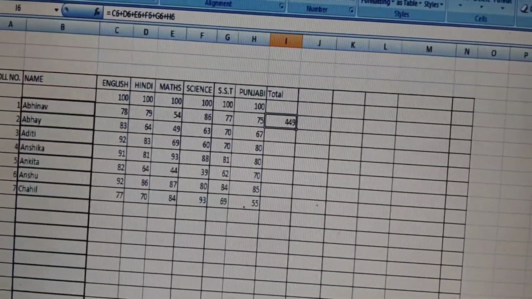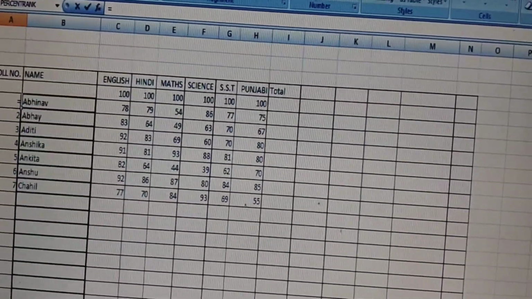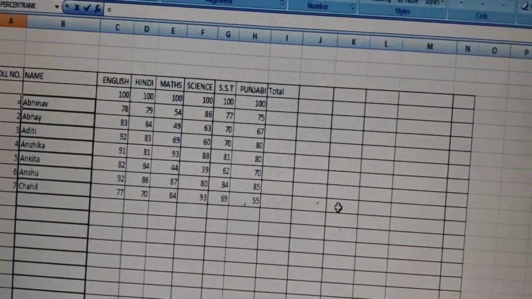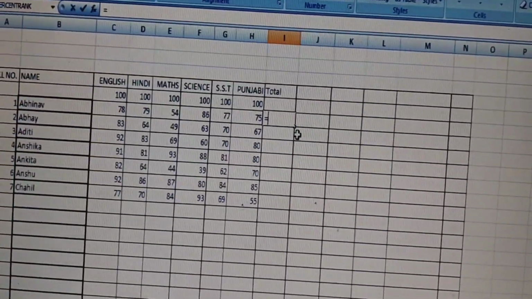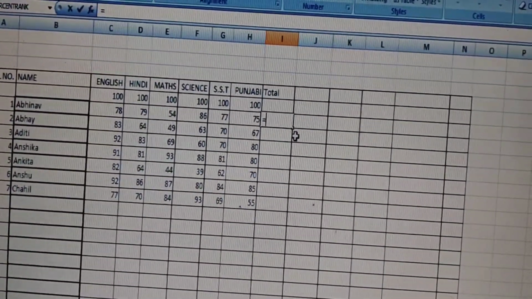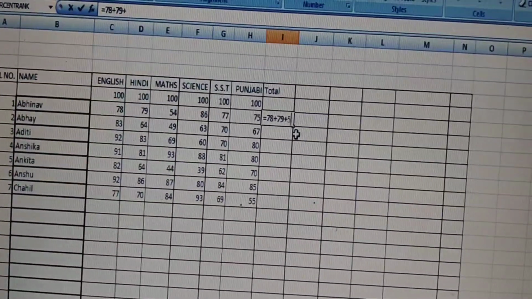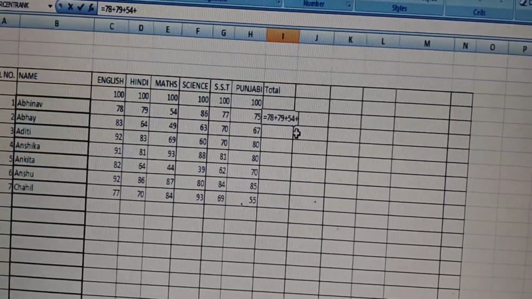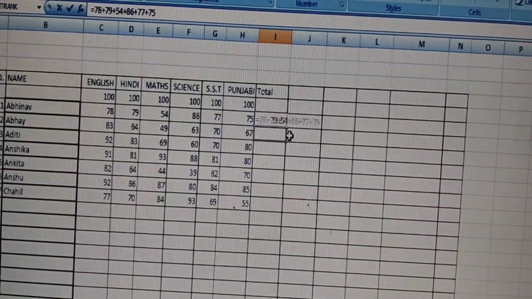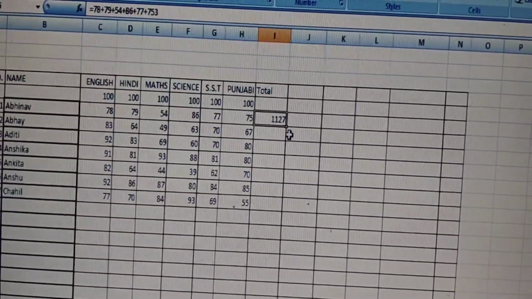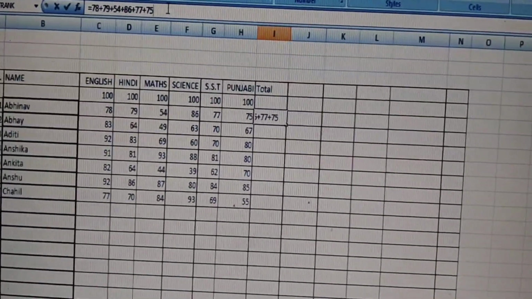This is one way. Another way is equal to, let's enter the numbers which are given in the series: 78 plus 79 plus 54 plus 86 plus 77 plus 75, right?